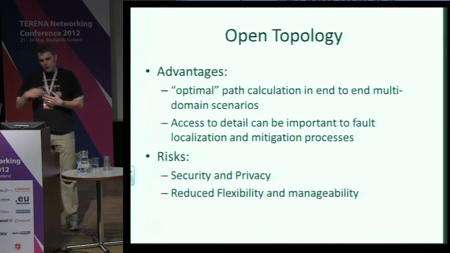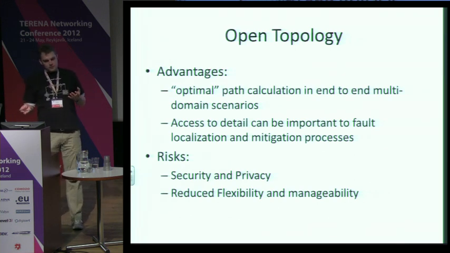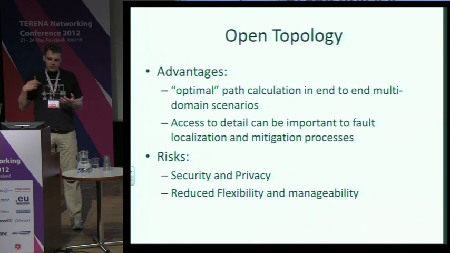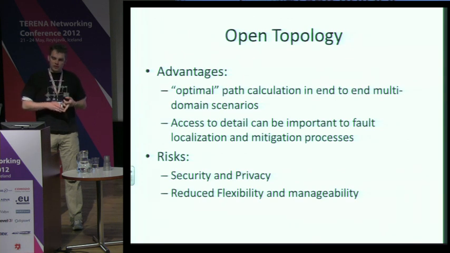So we have the open topology, which allows users to do optimal path calculations in end-to-end multi-domain scenarios. They have detailed access to all of the details that can be important to fault localization and mitigation. The technologies involved, so they can actually understand what's going on when their bytes are being transported from one point to the other.